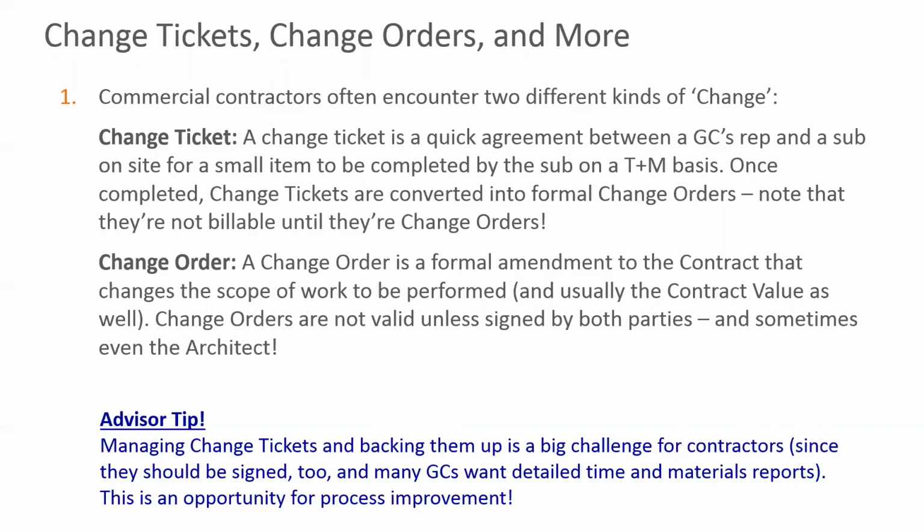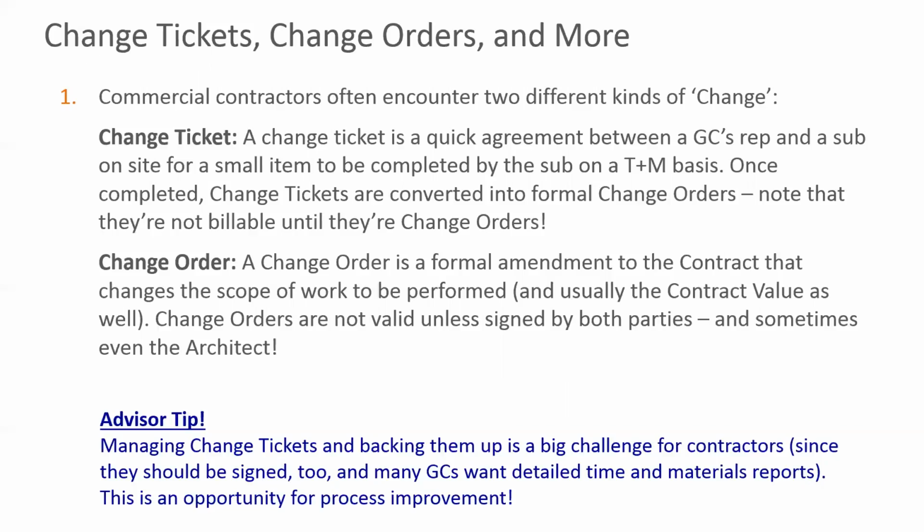They'll send it up, and the GC will say, okay, or maybe they'll ask for a reduction in the number of hours. Whatever happens, there'll be some back and forth. And then finally, it will be formalized, and it'll be treated as an actual proper change order. And then that value, whatever value that change ticket finally comes to, will become part of the change order values in the bottom table of the AIA G7R.